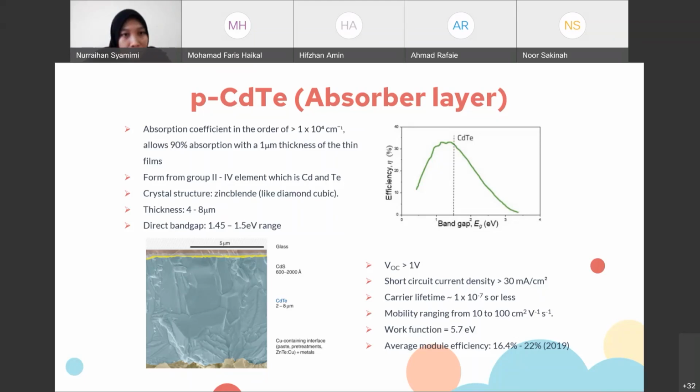The average module efficiency of cadmium telluride solar cells in 2019 is 16.4 to 22%, slightly less than silicon-based photovoltaics. The picture on the left is the SEM micrograph showing a cross-section of a cadmium sulfide cadmium telluride superstrate device produced by NREL.